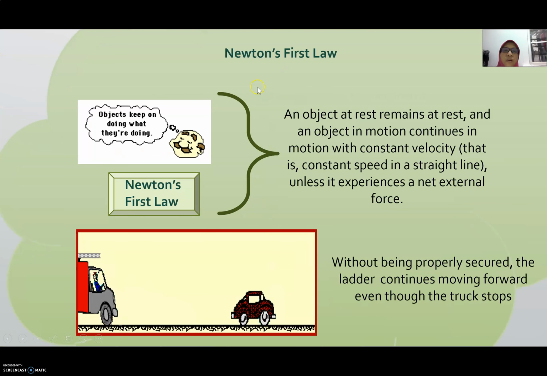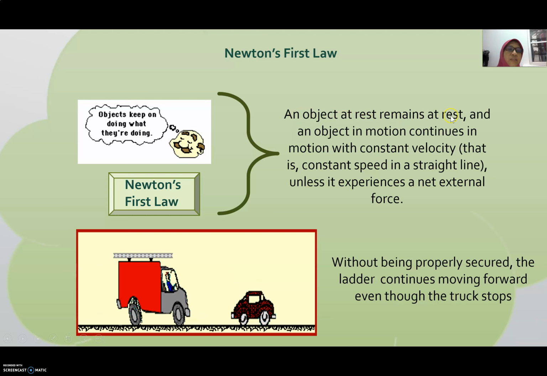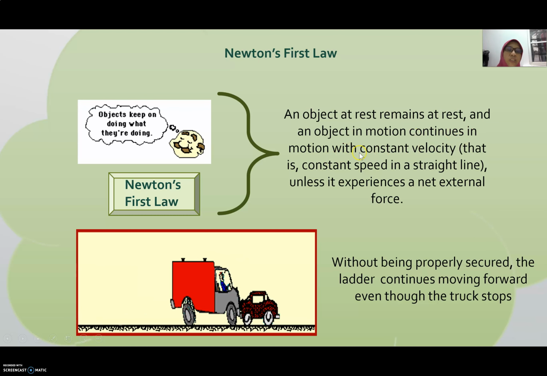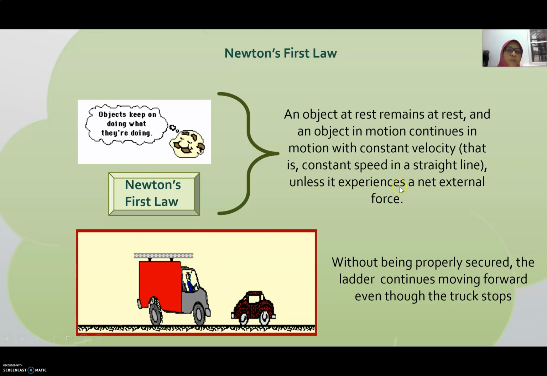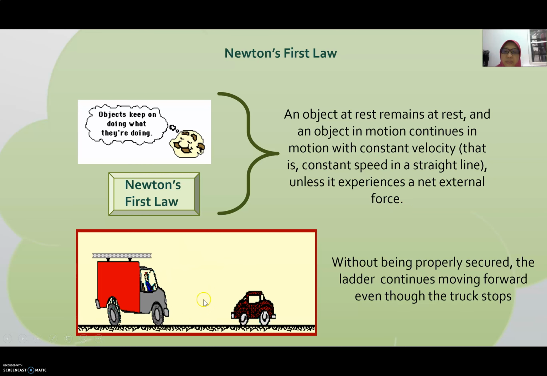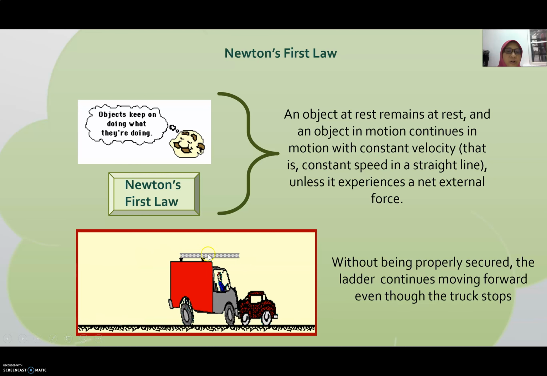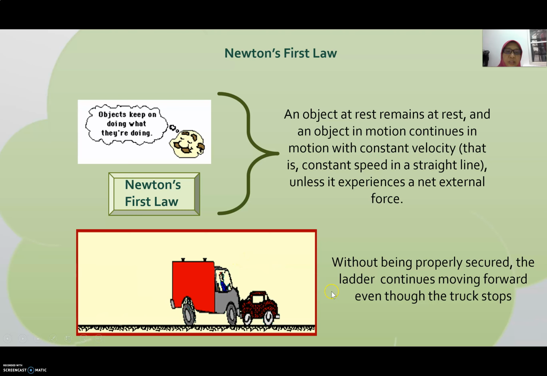So Newton's first law states that an object at rest remains at rest and an object in motion continues in motion with constant velocity, that is, constant speed in a straight line, unless it experiences a net external force. So example given in this animation: without being properly secured, the ladder continues moving forward even though the truck stops.